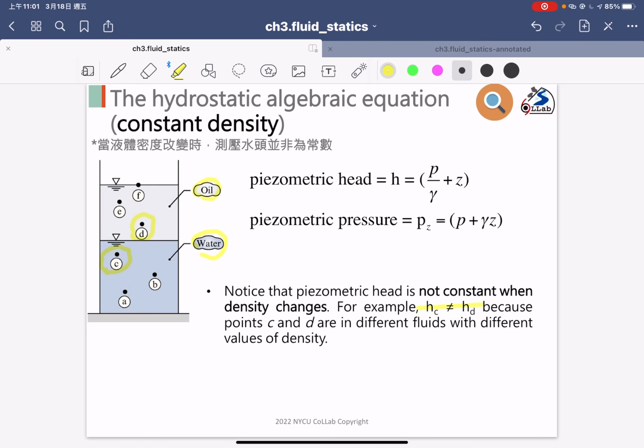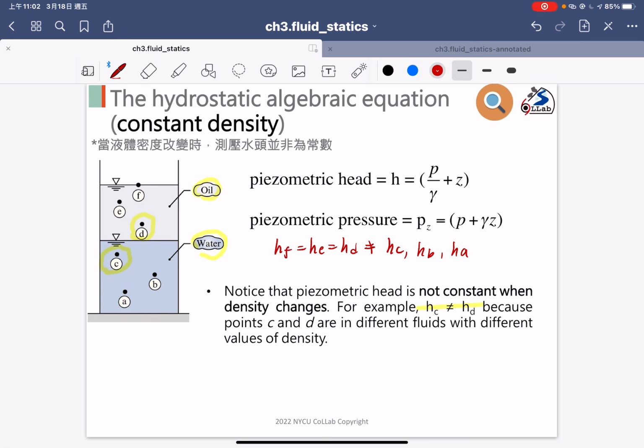So I can say that HF is equal to HE and equal to HD. That is correct, because F, E, D are located in the same fluid with the same density, but not equal to HC, HB and HA, because A, B, C are located in the water.